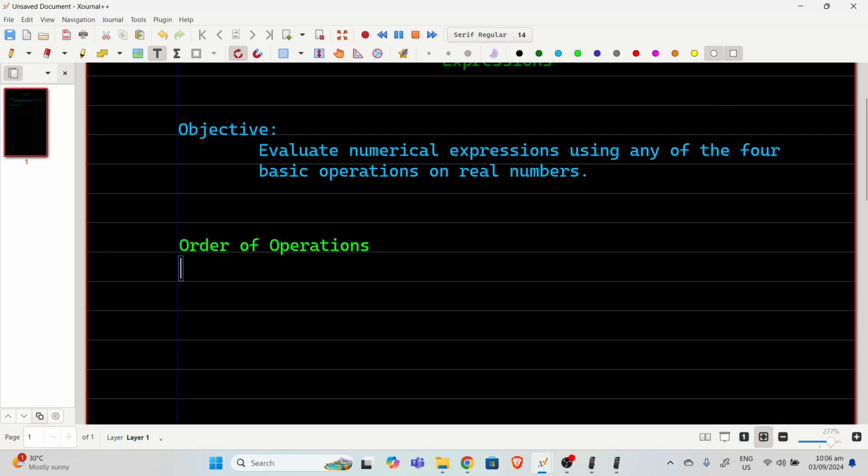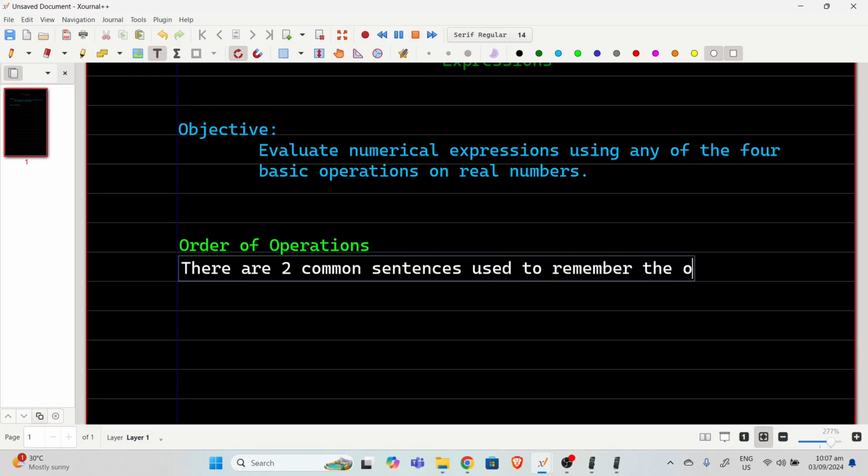Now, there are two common sentences that you would tend to use when it comes to remembering the order of the operations, and I'll write those two now. So there are two common sentences used to remember the order of operations.